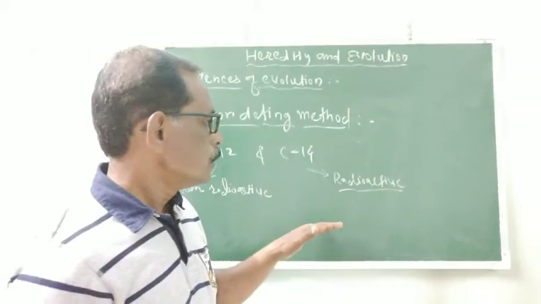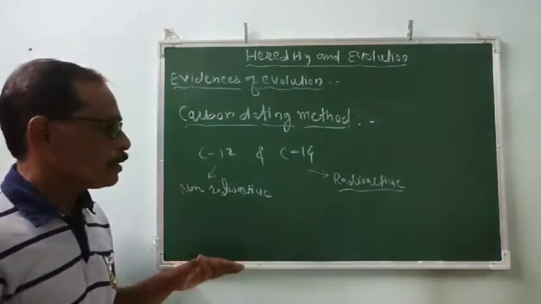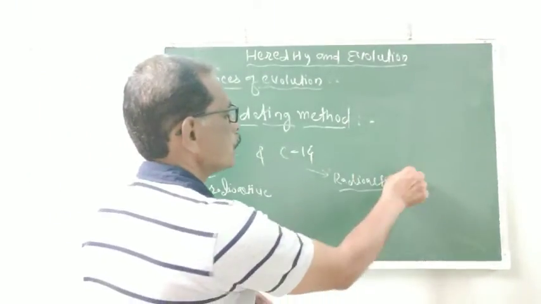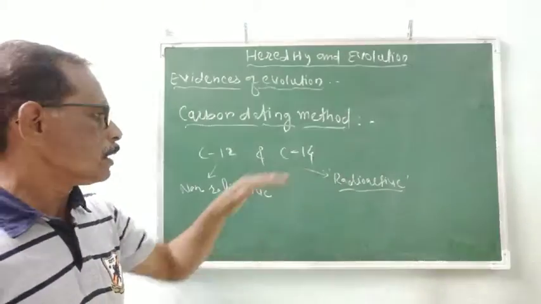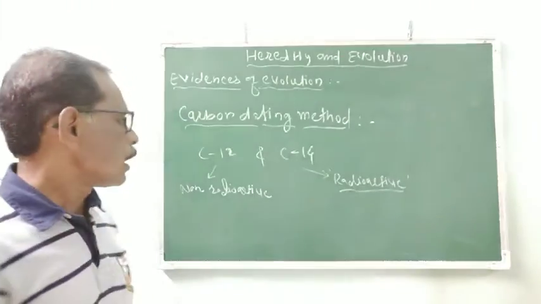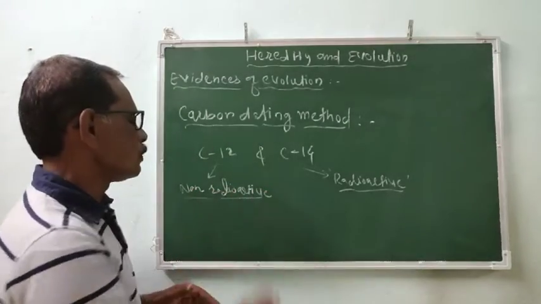So this type of process is active in the radioactive atom, and carbon 14 is a radioactive atom of carbon, and carbon 12 is a non-radioactive atom.